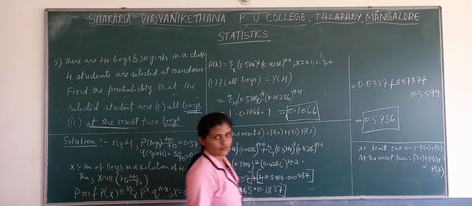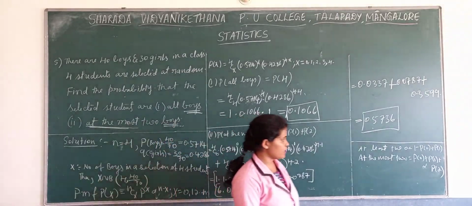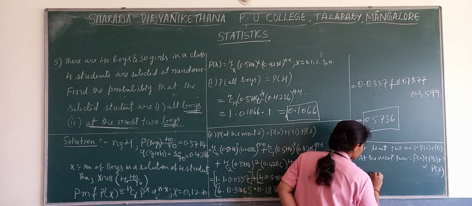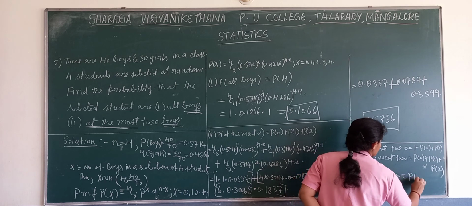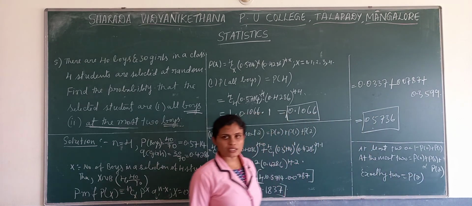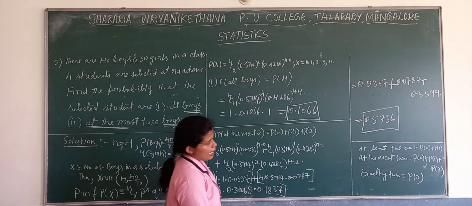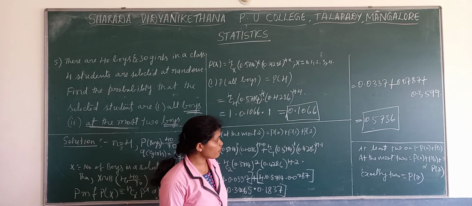These 2 kinds we solved now. If we get some other kinds, we should go on adding them. Exactly 2 means P2. Mainly we have seen at the most 2 and at least; other kinds we have not seen.